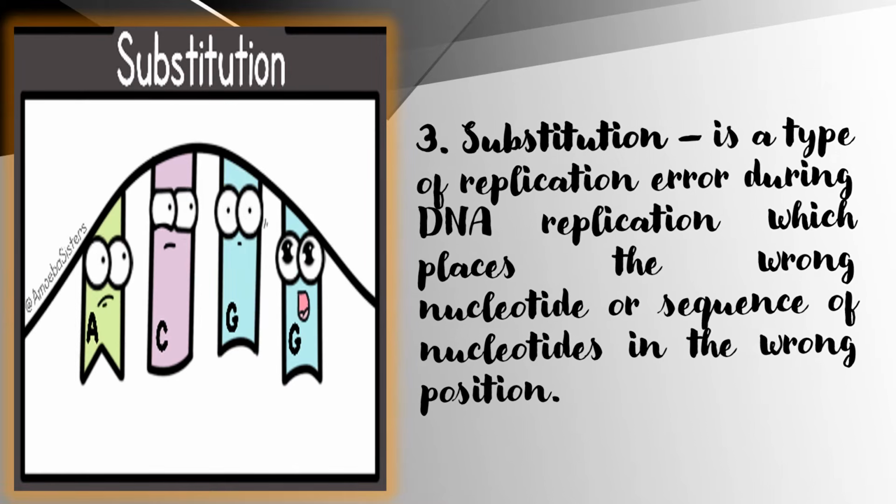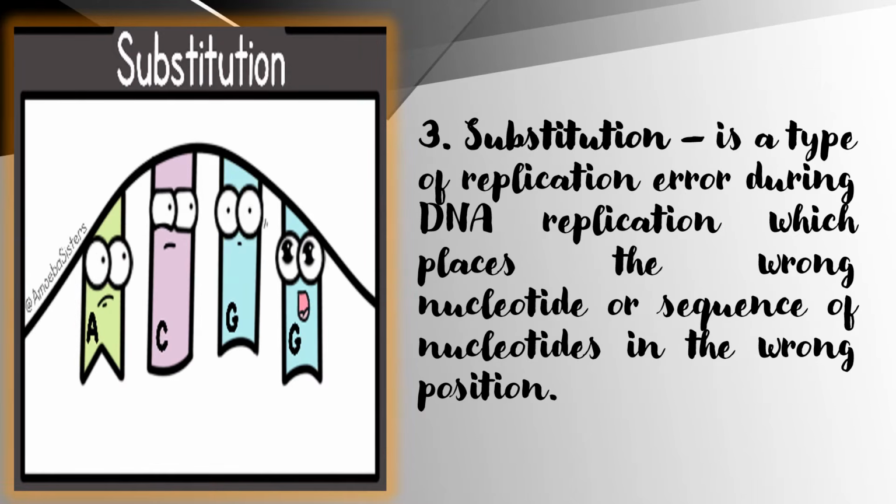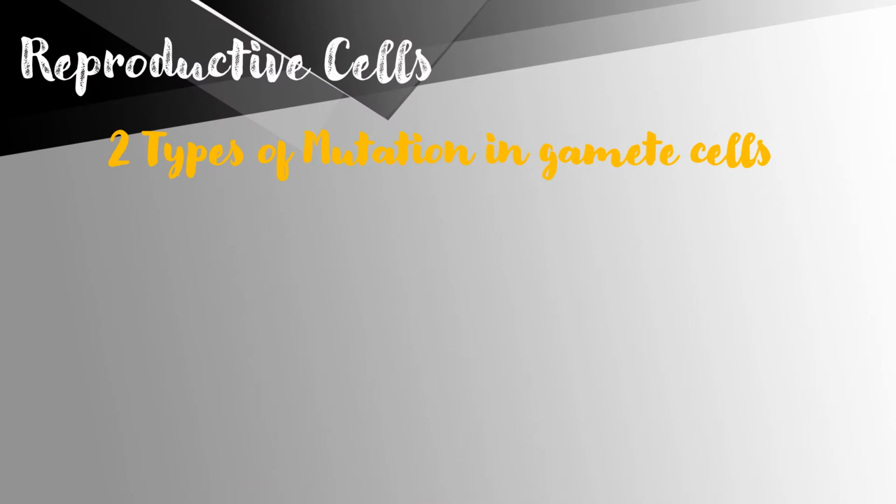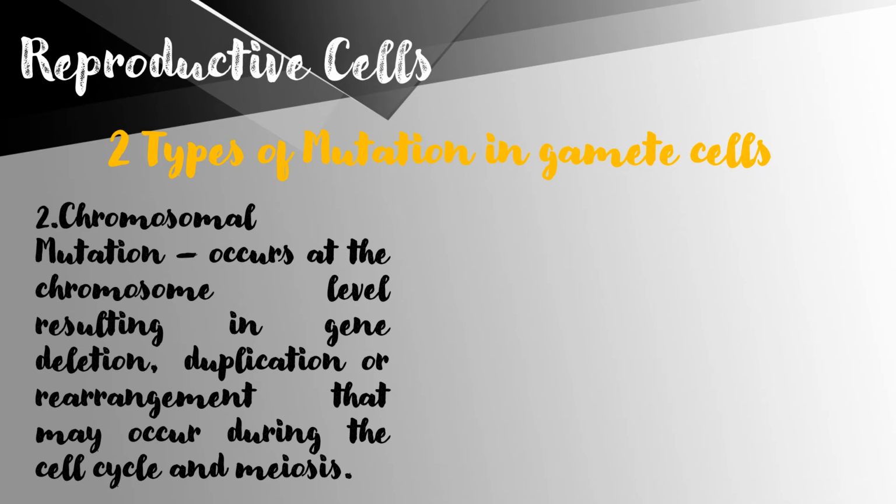It is a type of replication error during DNA replication which places the wrong nucleotide or sequence of nucleotides in the wrong position. So kung mapapansin niyo, dapat ang gene sequence niya is ACTG, nagkaroon ng pagbabago, naging ACGG. Let us proceed to the second type of mutation in gamete cell. Number 2 is the chromosomal mutation.